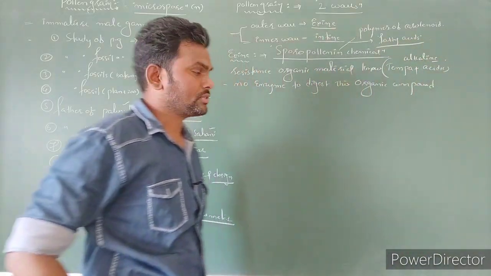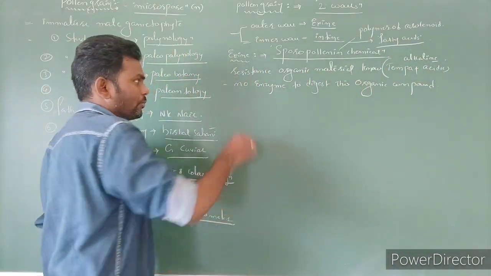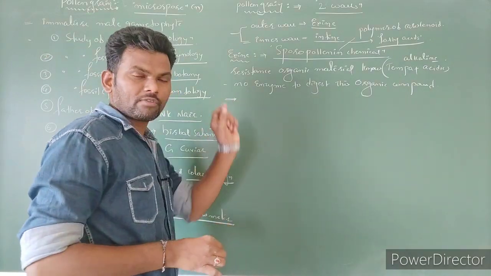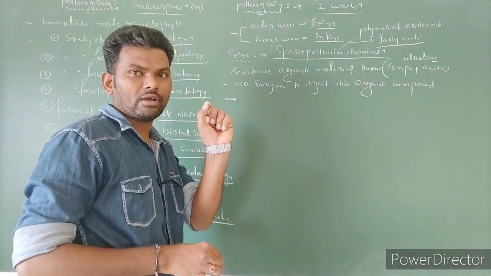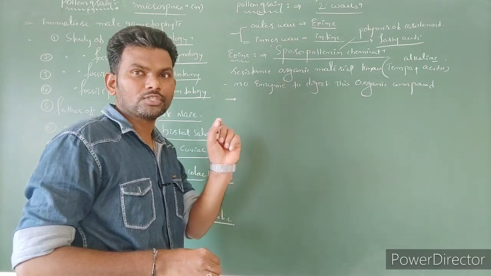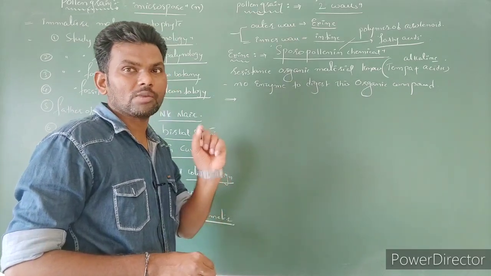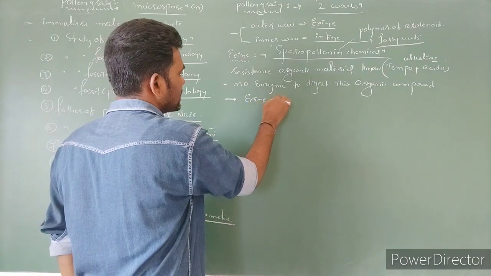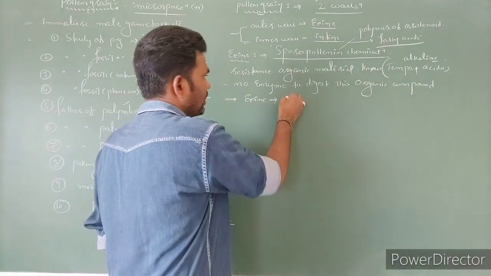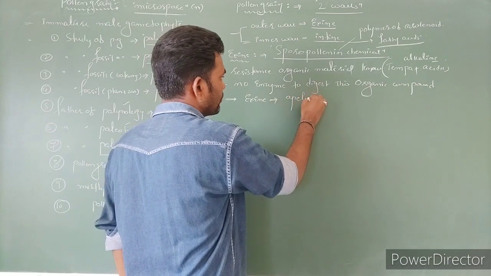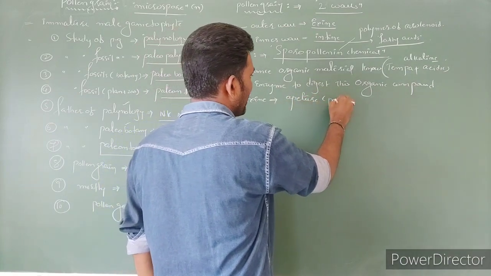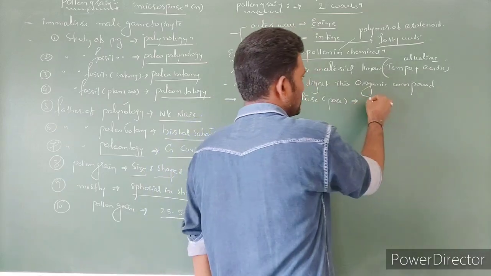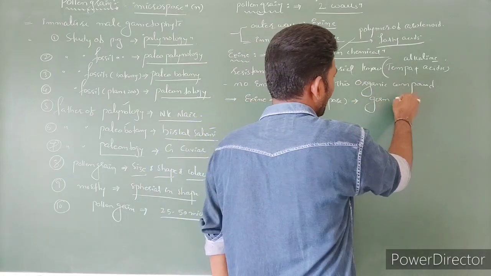Next, on the outer surface of sporopollenin, in the exine layer, we can notice small apertures that we can call pores, that is germpores.